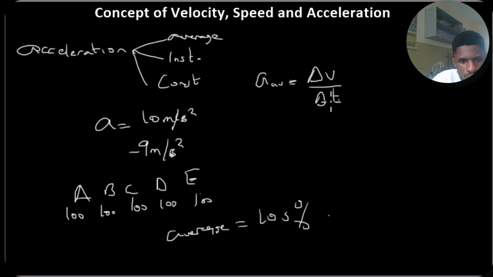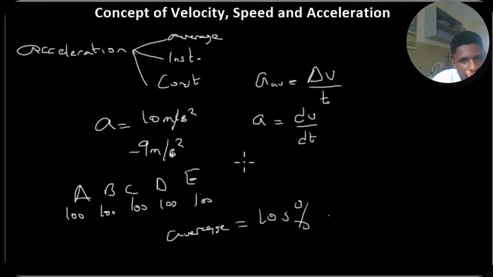So if that is true, then I can write A average will simply be equals to delta V over T, because delta T and T still mean the same thing. Now my instantaneous acceleration, A, so now I'll stop writing instantaneous acceleration as AIN and just write ordinary A. So A again will simply be dV dt.